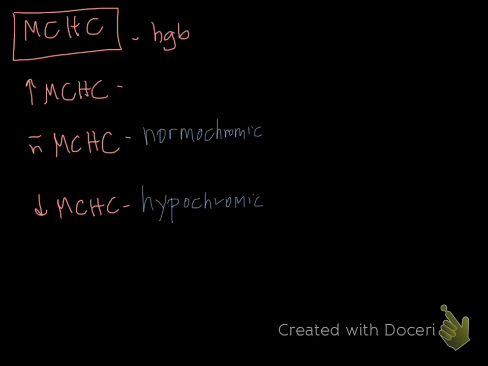So this is hyperchromic, but we don't really classify it, so we don't have a name for that. Things that cause it are free hemoglobin, either intravascular hemolysis or in vitro hemolysis, Heinz bodies, and spectral interference with hemoglobin, with lipemia. We'll talk about that when we talk about hemolysis. We'll talk about increases in MCHC and why they're invalid.